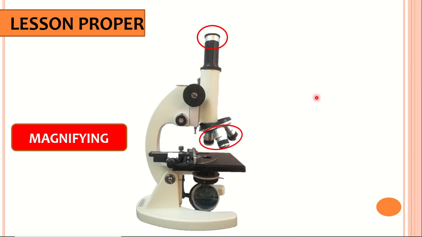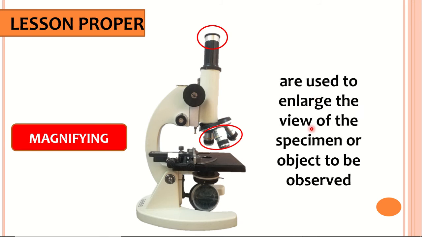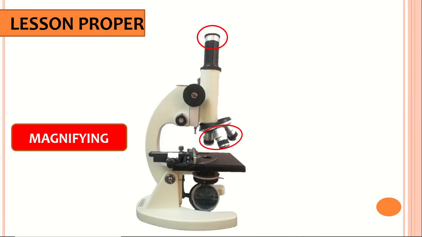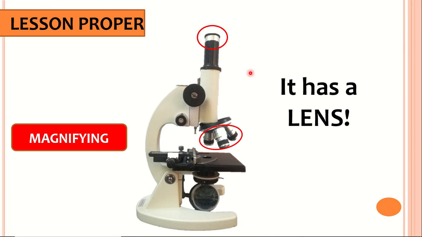Magnifying parts are used to enlarge the view of the specimen or objects to be observed. Why? Because it has a lens. Magnifying parts are composed of two parts.